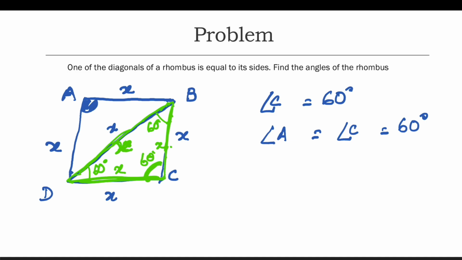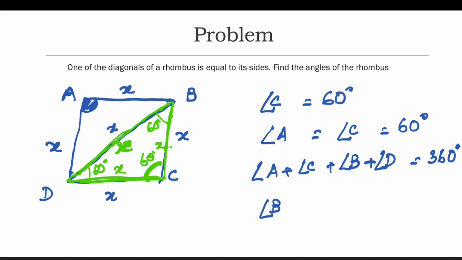Now angle A plus C plus B plus D is equal to 360. So angle B plus angle D would be equal to 360 minus 60 minus 60, 240.